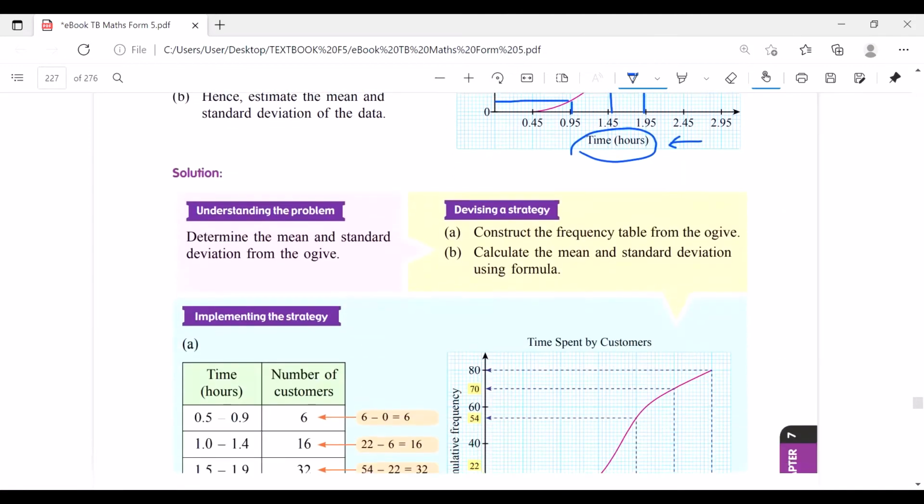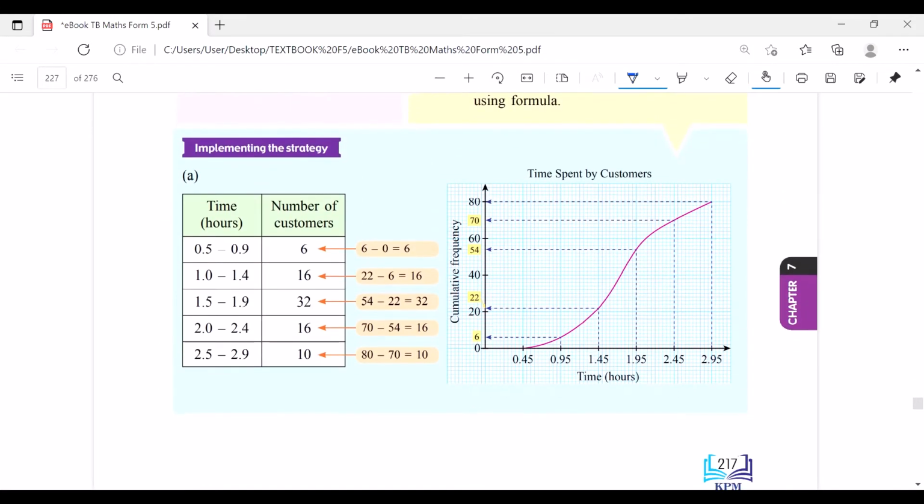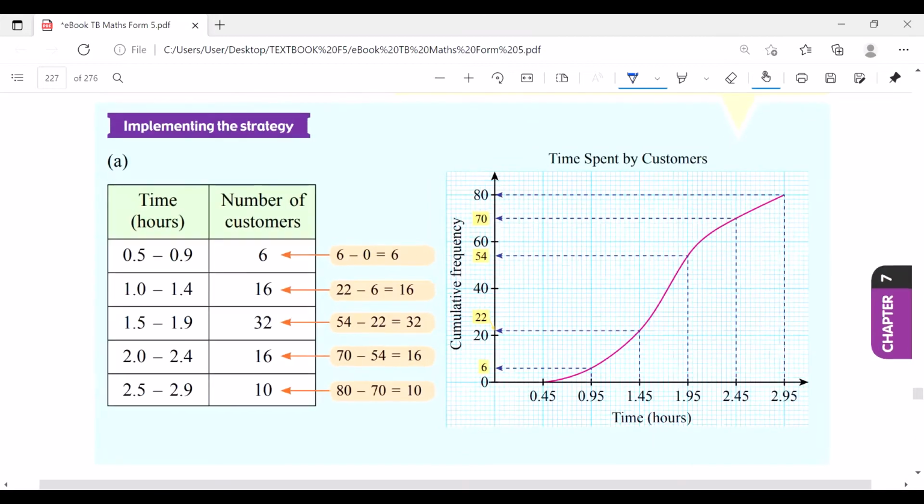So first, this is your frequency table. This is what we planned to do just now. So you just copy back the classes. And you don't have to add the zero frequency, because zero frequency is only for you to draw the graph.